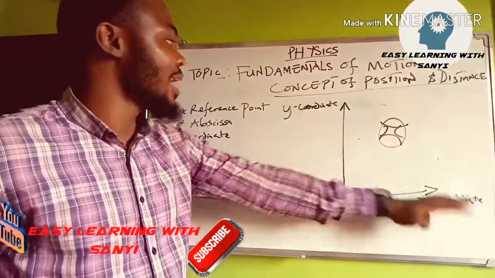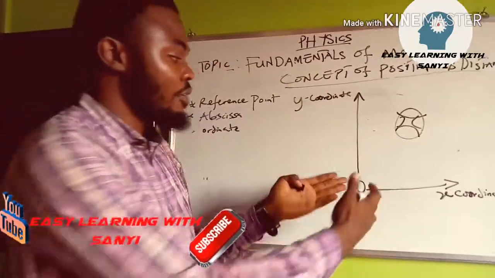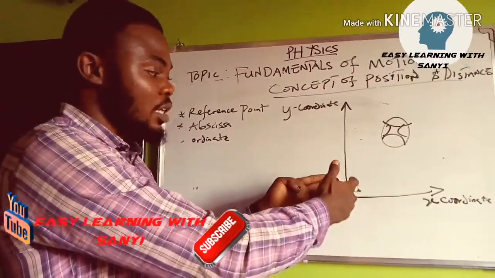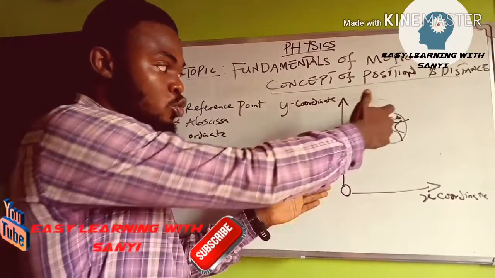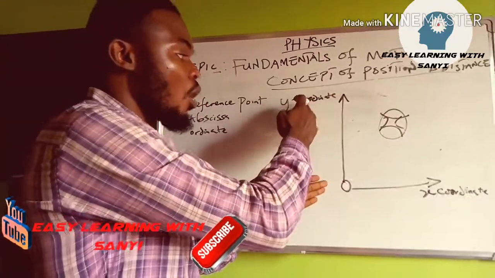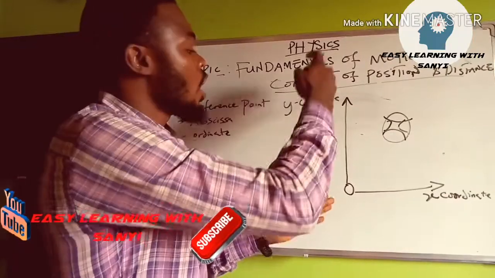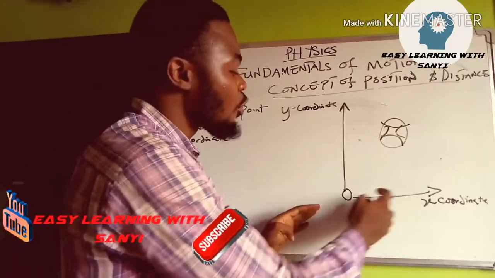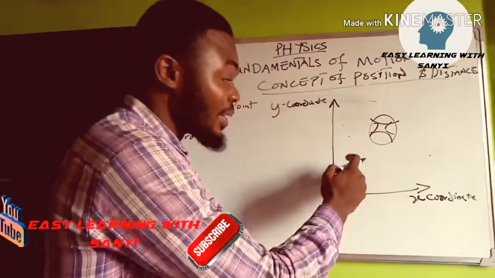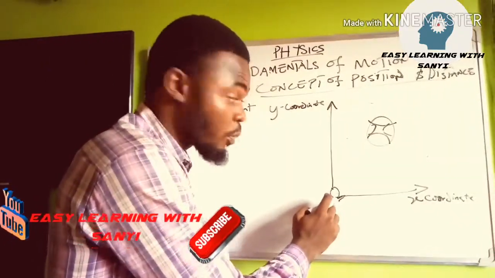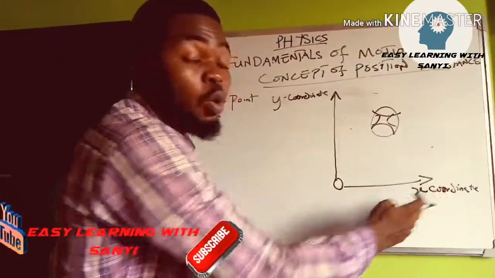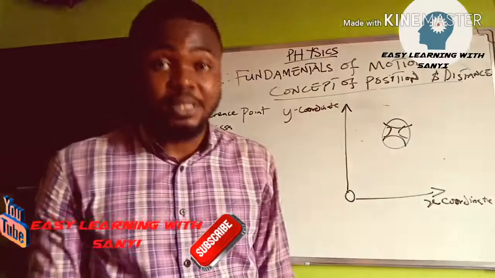So this is the abscissa and this is the ordinate. The vertical distance from the reference point to where the ball is, is called the y-coordinate or the ordinate, while the horizontal distance from the origin, which is the reference point, to where the ball is, is called the x-coordinate, or the abscissa.